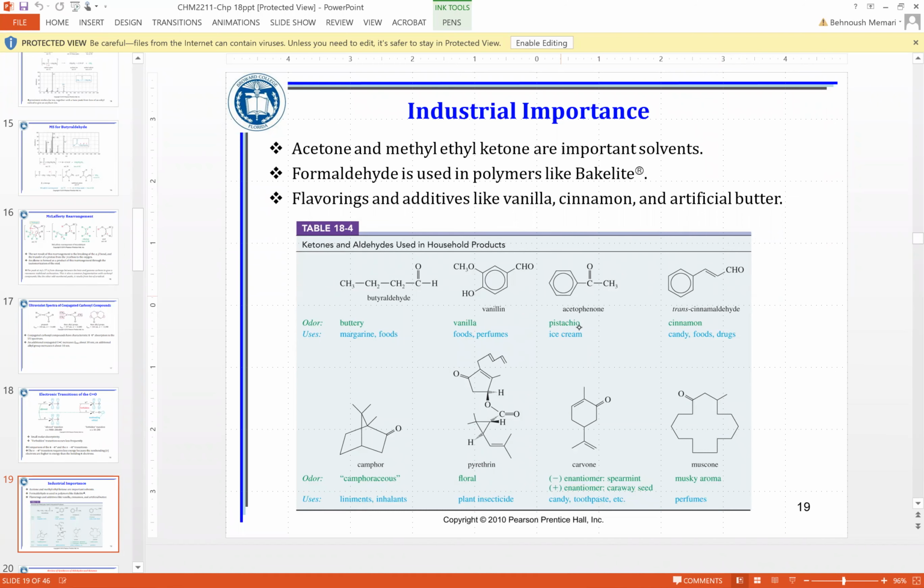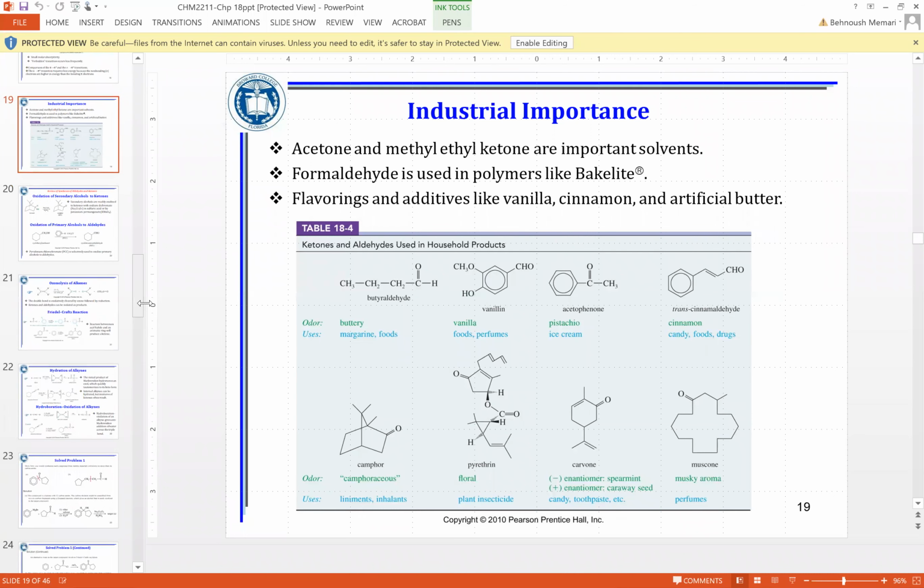Acetophenone, if they don't want to add pistachio to ice cream, they can use acetophenone and it tastes like pistachio. Vanillin has an aldehyde functional group, so vanilla has vanillin and is used in food and perfumes. These are some of the applications or industrial usage of aldehydes and ketones.